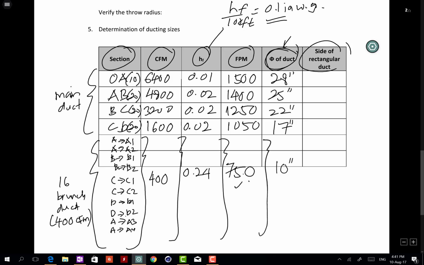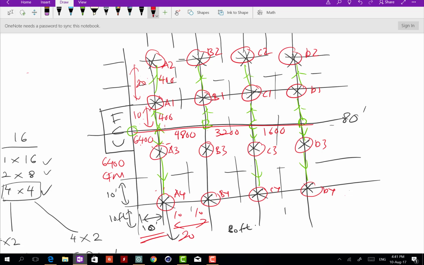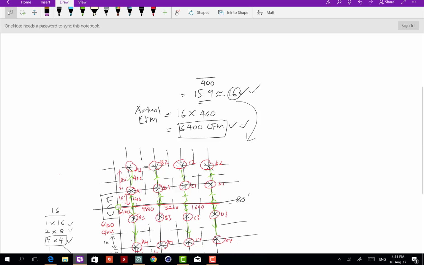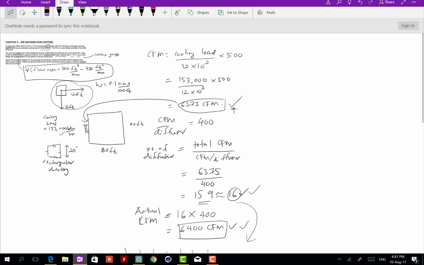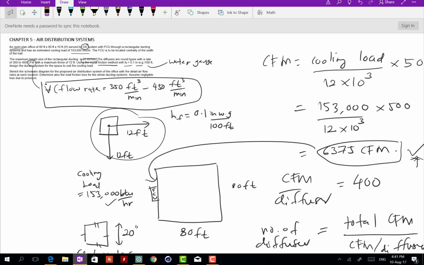Okay, so I have filled up all of the sections: 28, 25, 22, 17, and also 10 inch if the ducting is round shape. Because the question requests a rectangular ducting, let's see our spec here.